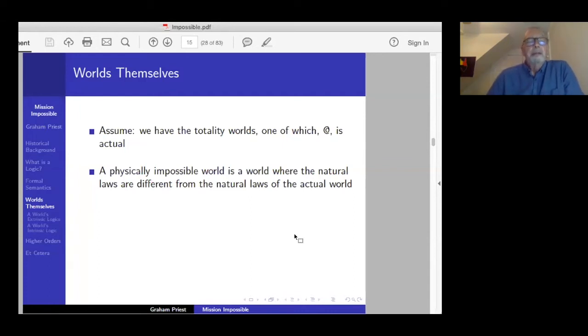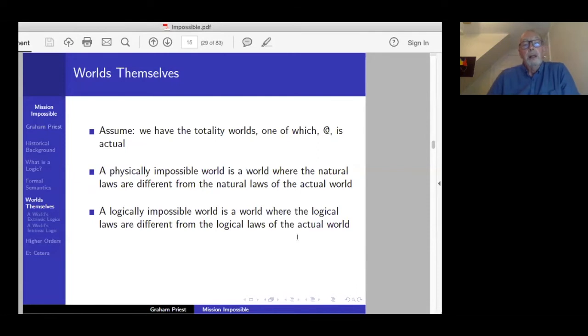And I want to give the analogous answer for logically impossible worlds. So a logically impossible world is a world where the logical laws are different from the logical laws of the actual world. Okay, that's the obvious analog. Now, of course, there's a debate in philosophy of science about how you define the natural laws.